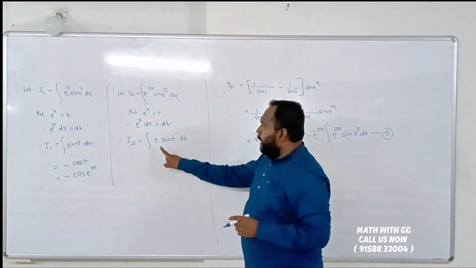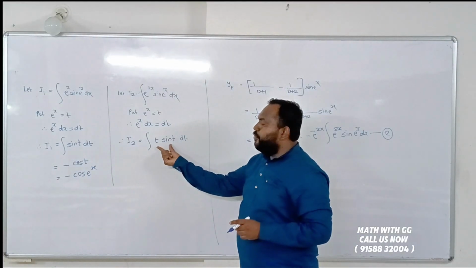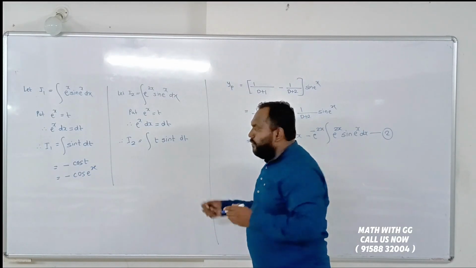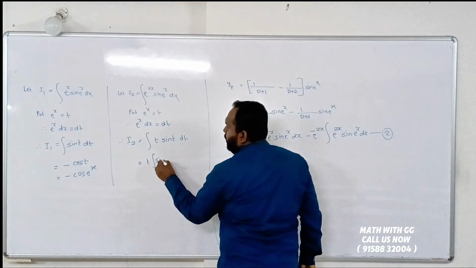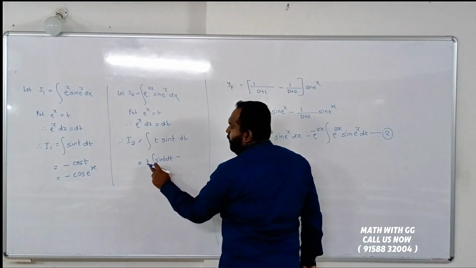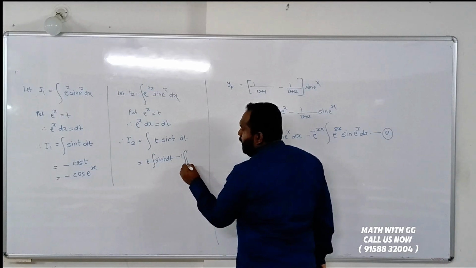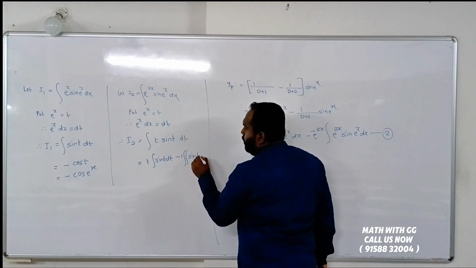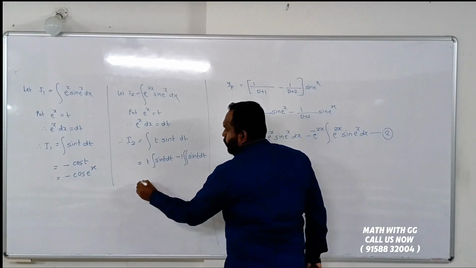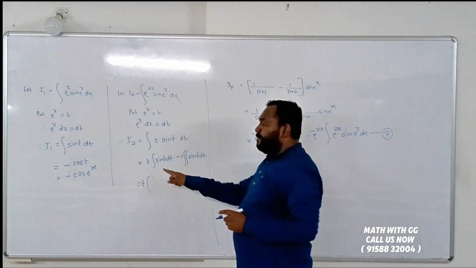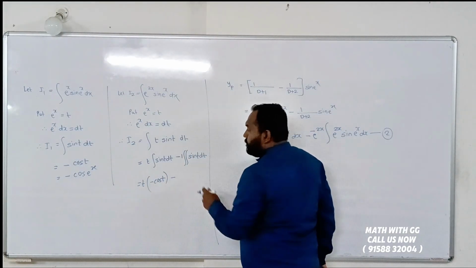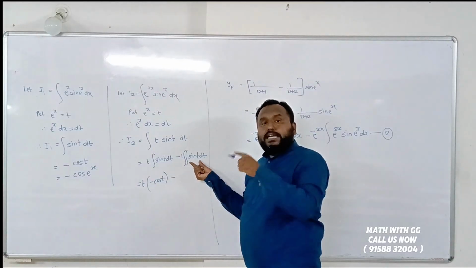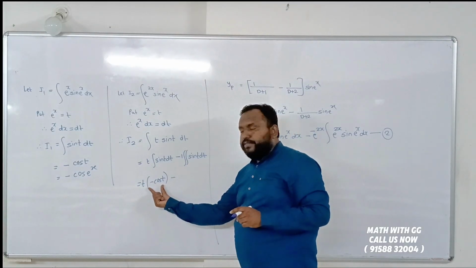If you observe, t is a polynomial, so we will use the formula of integration by parts. So, t as it is, integration of sin t dt, minus derivative of t is 1, double integration of sine. So, t as it is, integration of sine is minus cos, minus the integration of the bracket.